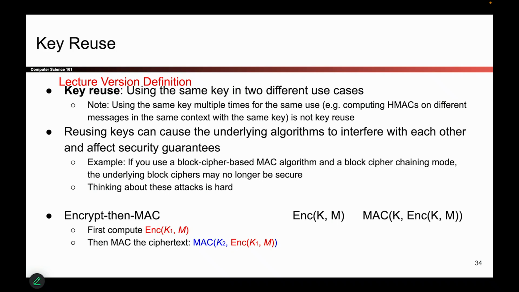Sorry, it's a little bit confusing. Terminology is hard, and people like to use this term in different ways. But for our purposes, key reuse means same key, different algorithm. In real life, you can use it to mean same key, different message, or whatever else. But for us, it's same key, different algorithm. And our conclusion is don't do it. It makes your life harder. It makes you have to think. And I don't want to have to think hard if I don't have to.